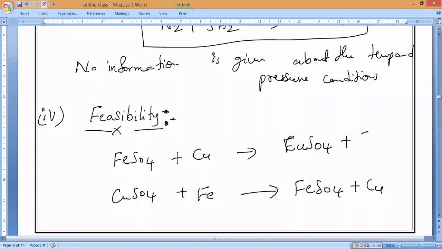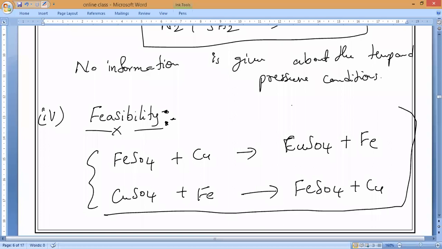CuSO4 plus Fe will come. But notice, in these two equations, one equation is wrong. That is what we call feasibility. In these two equations, only one equation is possible. The other won't be possible. Anybody can guess? First or second equation? Yes, first one, sir.